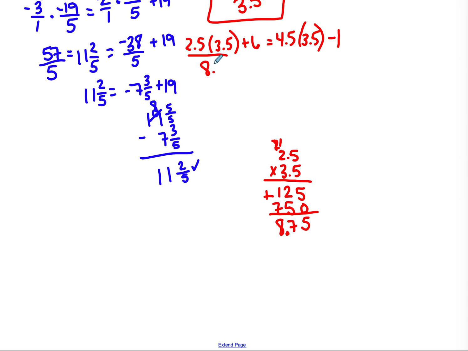That's going to be 8 and 75 hundredths plus 6. That's going to give me a total of 14 and 75 hundredths.